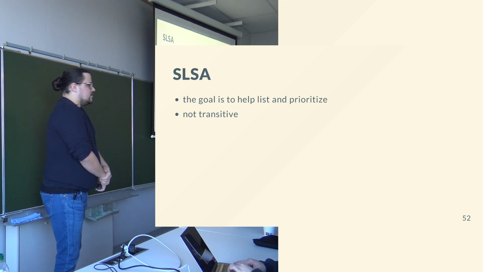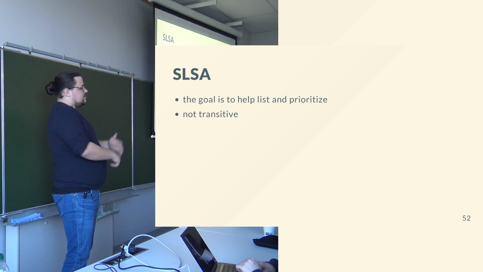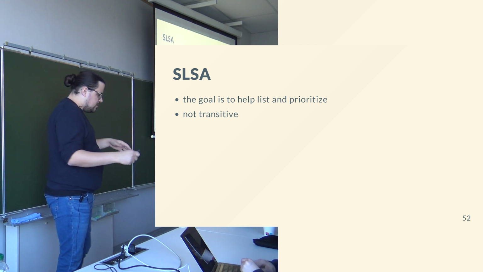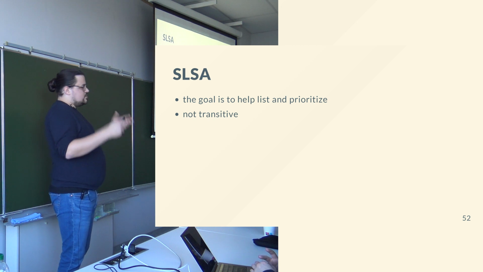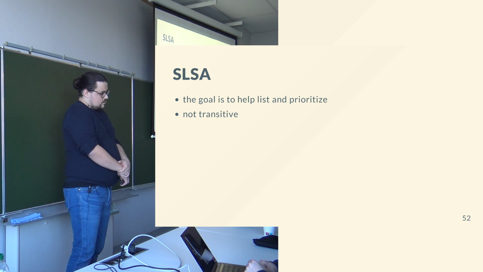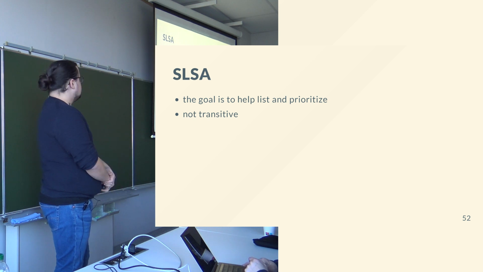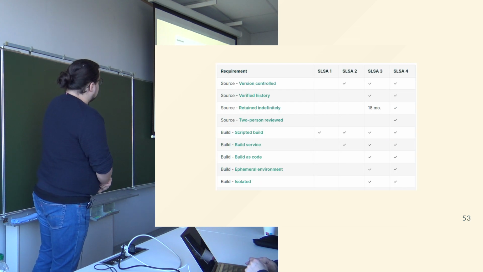The idea is that it's impossible to have a full ecosystem compliant with SLSA. So you need to start somewhere, and the idea is to get going on this, so it doesn't require transitivity, which would make it totally useless, actually.